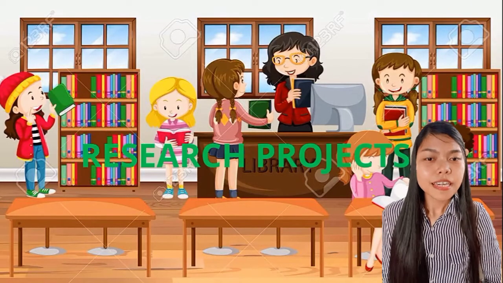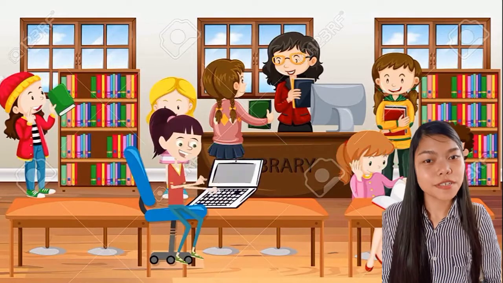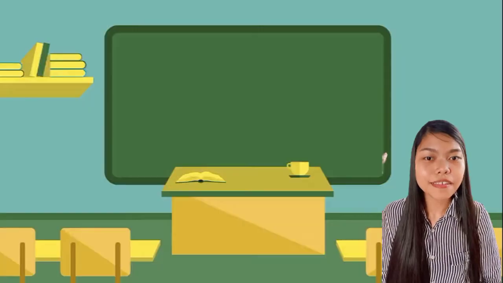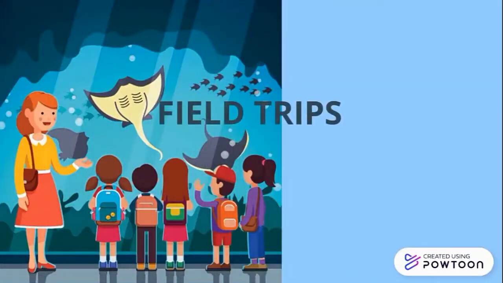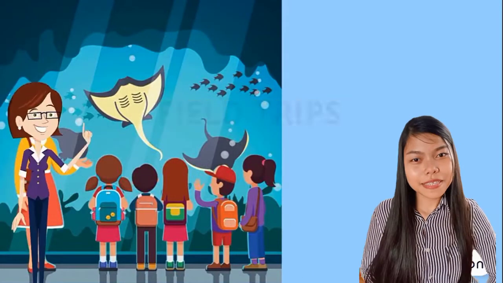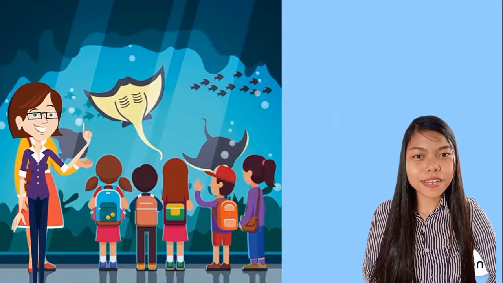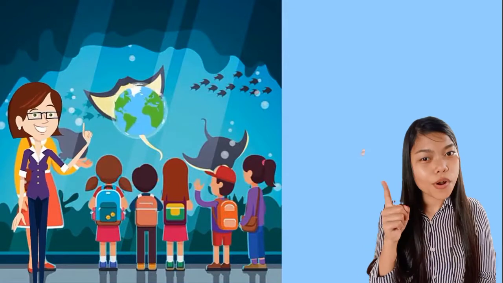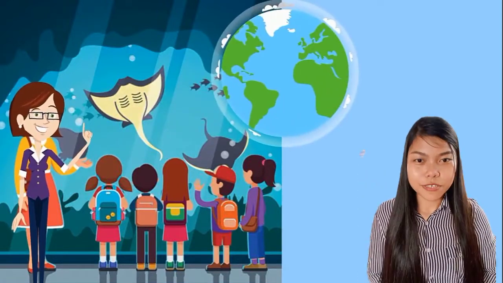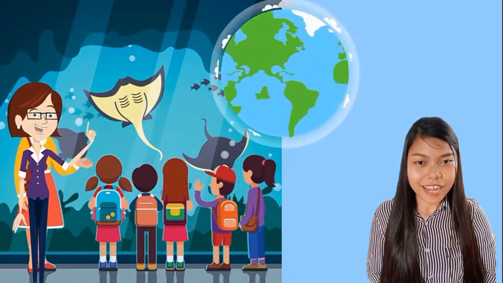Research topics: the students research their topic and present their findings to the class. Field trips allow students to put the concepts and ideas discussed in class in a real-world context. Field trips can also be followed by class discussions.